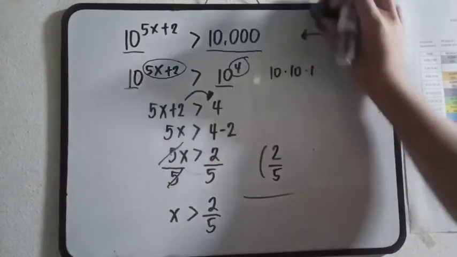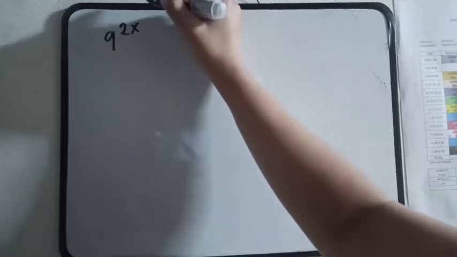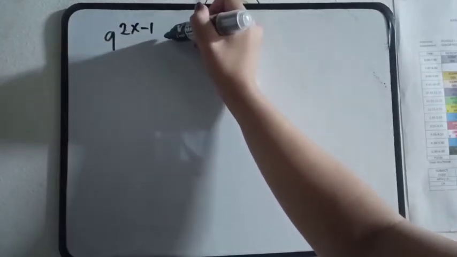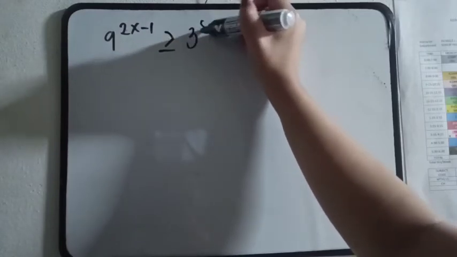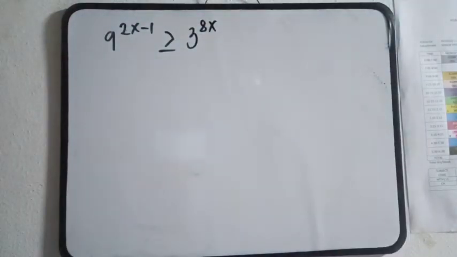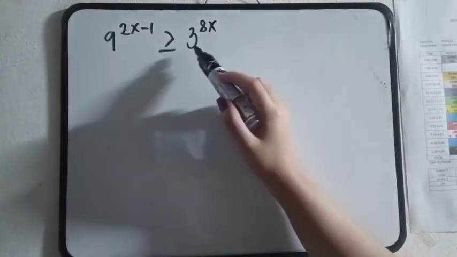Okay, so next example. 9 raised to 2x minus 1 is greater than or equal to 3 raised to 8x. Again, ang first step, kailangan pareho sila nung base.